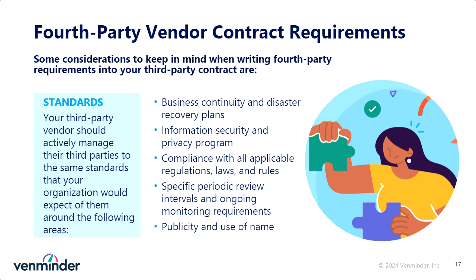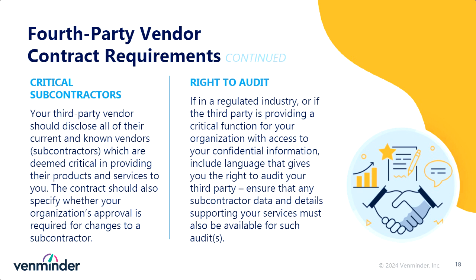And continuing on with the critical provisions that you want to ensure are covered to support the fourth parties that you have, again, is making sure that you know who those critical subcontractors are. Who are those critical fourth parties? And that word is interchangeable, of course.